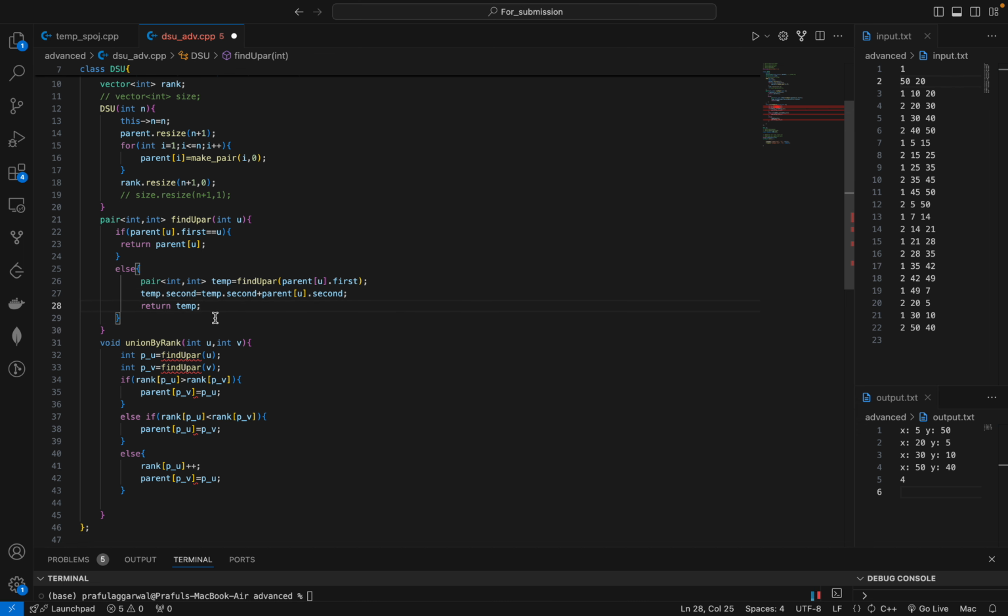Now we should also do path compression, so we don't have to traverse log n each time. We can do that by simply updating the parent of current node, right?